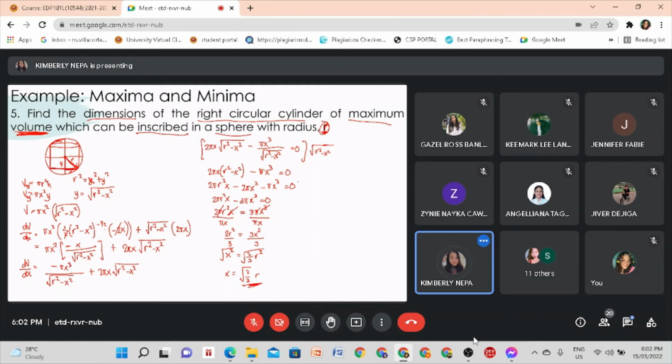Now, what we are looking for is the dimension, so we also have to find y, right? How can we find y? What's the formula to use?